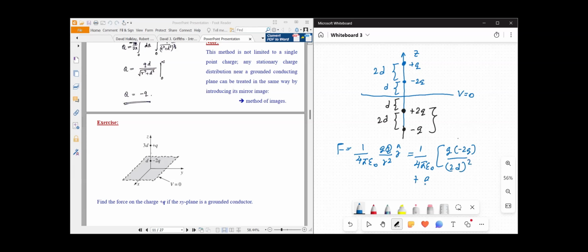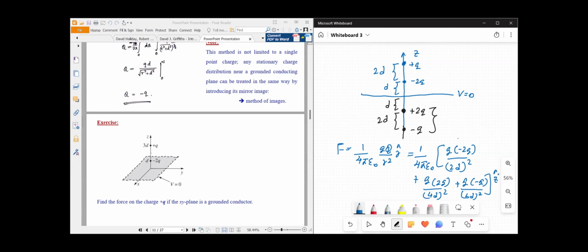Then we have Q with this plus Q and this plus 2Q. The separation is, now we have 3D here and 1D, so 4D squared. Then with this minus Q and this plus Q, plus Q minus Q, the separation is 6D. And the direction will be in the Z direction.